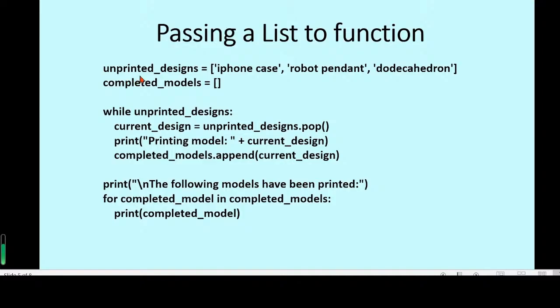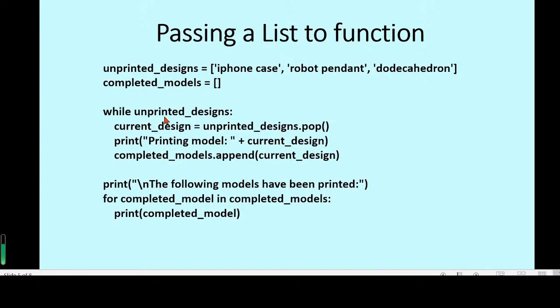So we create a list called unprinted designs with 3 elements, then create completed models as an empty list first. Then we write a while loop.